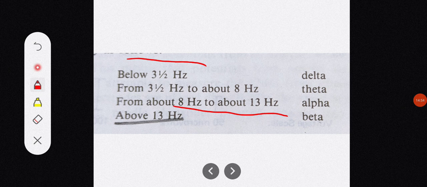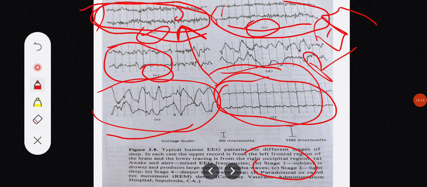Moreover, as indicated, the frequency content of the EEG pattern seems to be extremely important. In addition, the phase relationship between similar EEG patterns from different parts of the brain is also of great interest. As you can see, these are two waveforms from different parts of the brain for the same situation.